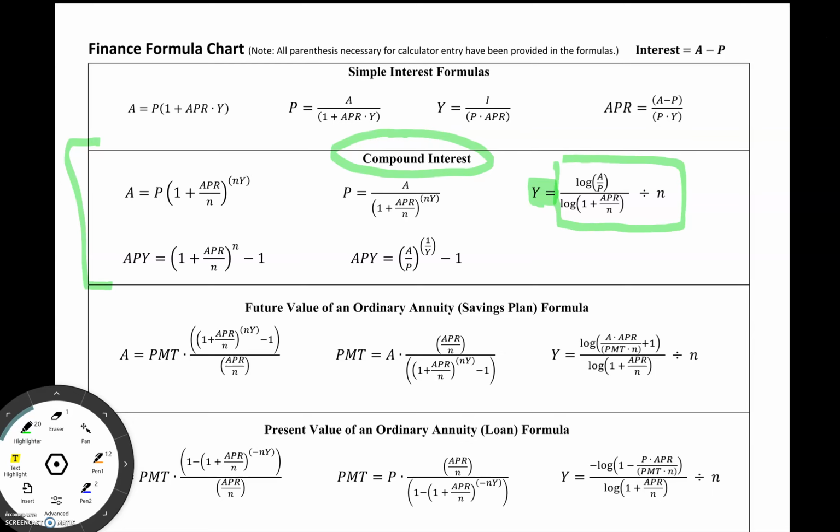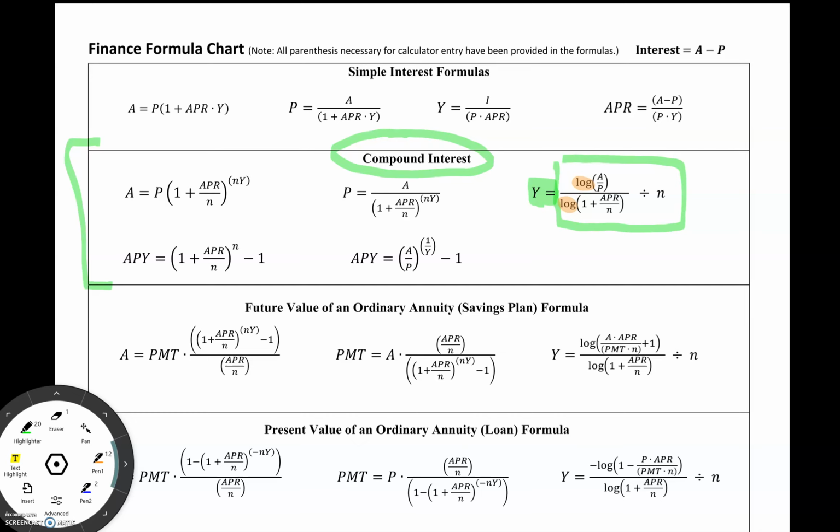And it can be a kind of tricky one, right? We see that we have logs involved, so there'll be a log button on your calculator. You don't have to know what a log is. In math, we always need an ability to undo something, right? So if we have an unknown that has 5 added to it, we subtract 5. If we have an unknown that's been squared, we square root it.